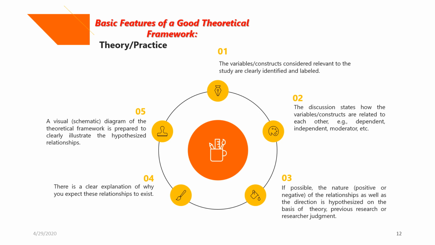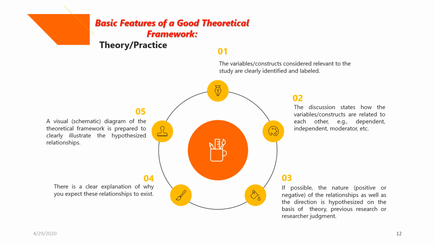Number three, if possible, in your theoretical framework, you should highlight the nature of the relationship, whether it is positive or negative. The nature of the relationship should be in line with the theory or literature review.